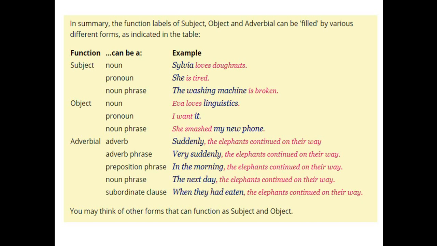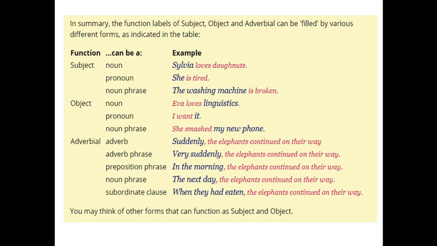So let's look at the object. What forms can be an object? Noun, pronoun, noun phrase. The first sentence, Eva loves linguistics. Here the object is linguistics, a noun.